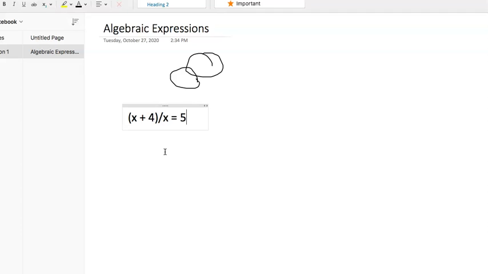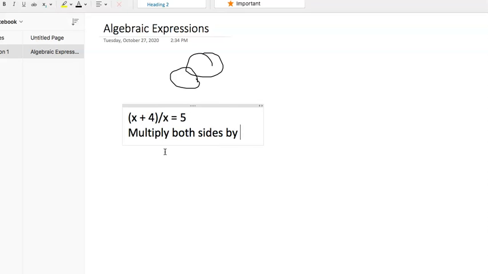Okay, so what really happens here is the denominator, which is just that x, we would like to get rid of it, right? And anytime you want to get rid of the denominator, you've got to multiply it on both sides, right? So if I multiply by x on both sides, then that x in the denominator will go away. Isn't that nice?